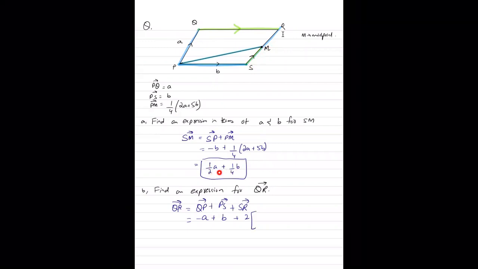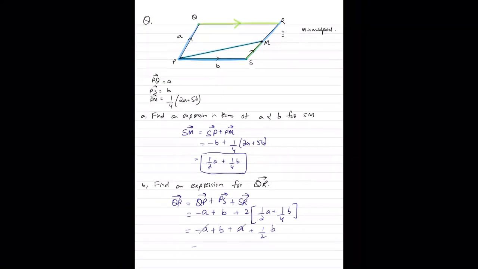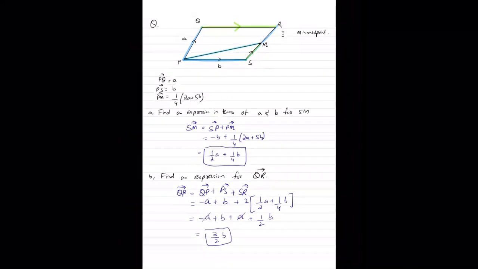SM vector is 1/2 A plus 1/4 of B. So half A plus 1/4 of B. This is what QR is. Okay. Yes, sir.